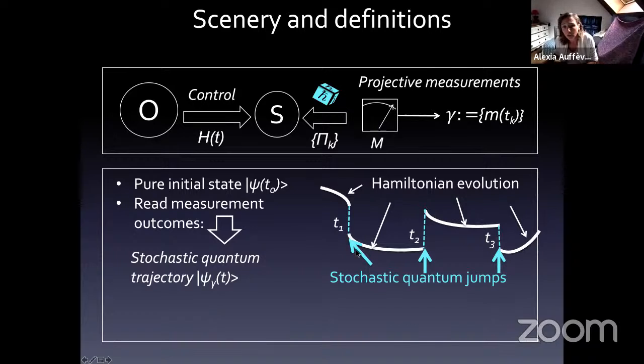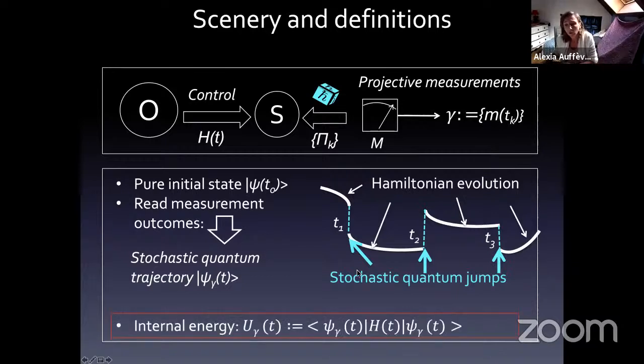So this is a sketch of the typical quantum trajectory that you can build that way. Here, you have the Hamiltonian evolution. You know how to build this. And here, these are the stochastic quantum jumps. But you know from which point to which point you jump, because you have access to the measurement outcomes here. So this is a stochastic quantum trajectory.